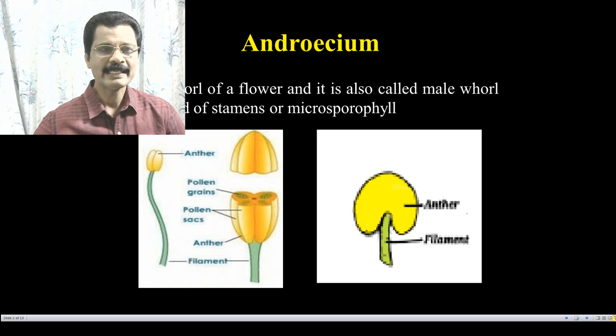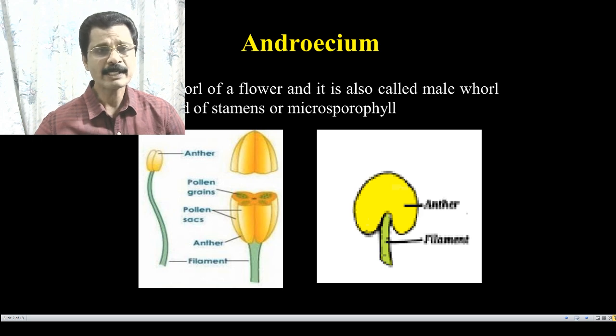Each stamen consists of two parts, a short stalk-like structure called filament and two bilobed box-like structure called anther. And these two anther lobes are connected together by a tissue called connective. This is the usual type of anther, and this type of anther is called bithecous anther because they have two chambers.